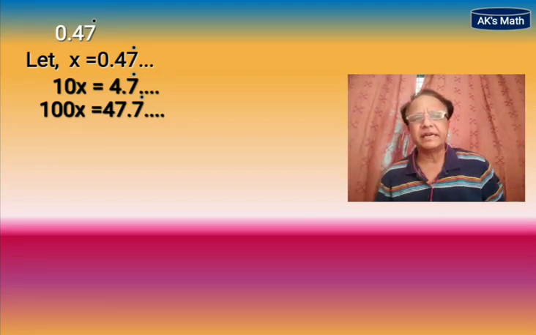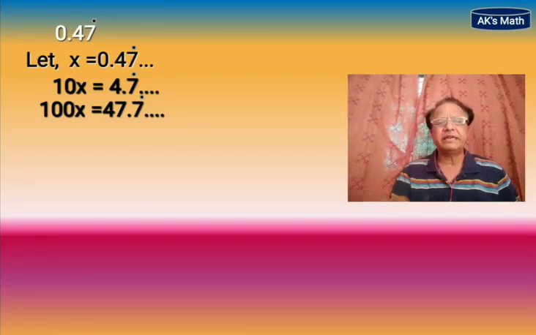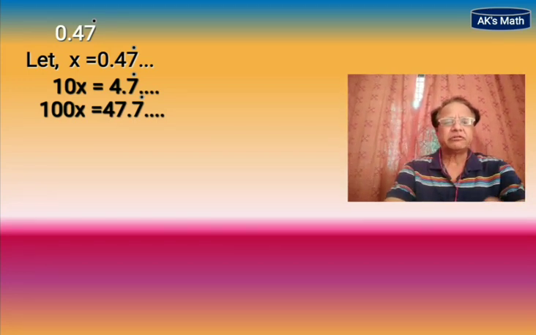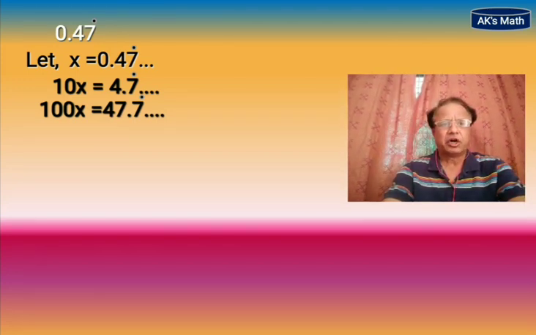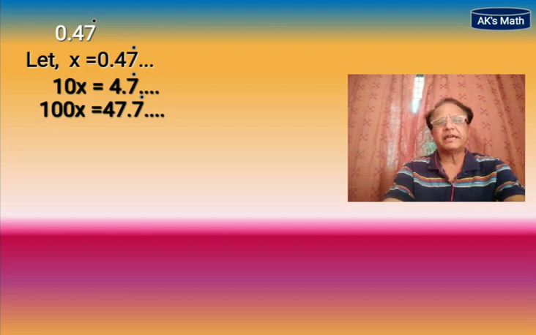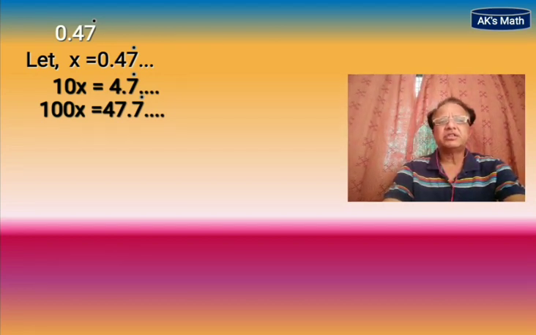So it becomes 100x. Look at this one more time: 10x is equal to 4.7 bar. Take one more 7 and multiply by one more 10. It becomes 100x is equal to 47.7 dot.